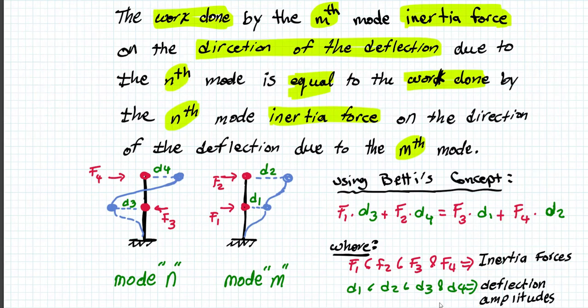If you didn't understand, it's okay, no problem. You are going to understand maybe from the next slide when I explain more about Maxwell's reciprocal theorem. We do not need Maxwell's reciprocal theorem here. I'm just giving it because it's a subset of Bett's theorem, and it may make things more understandable for you.